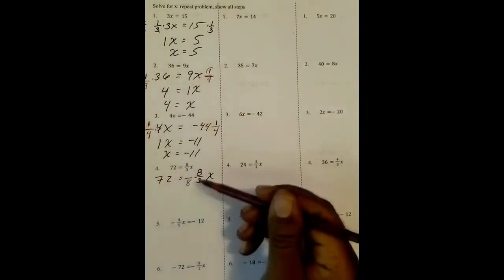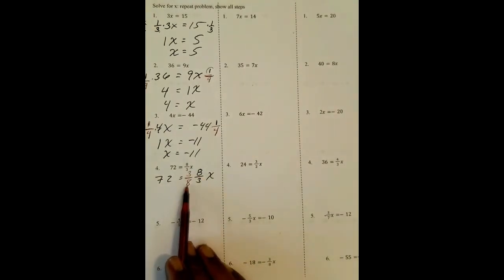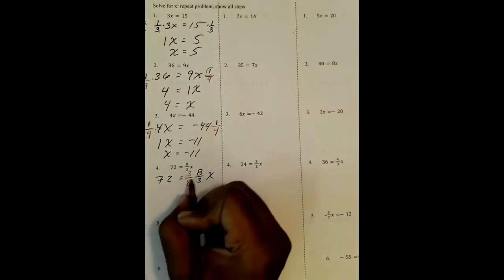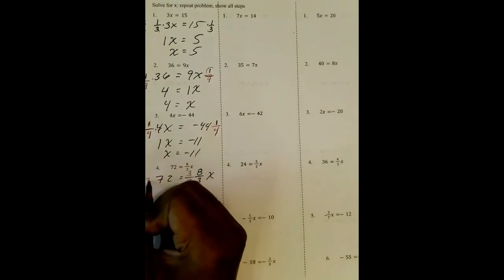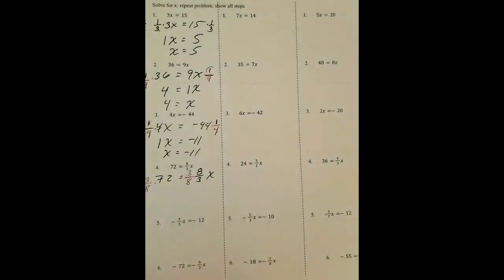To get rid of a multiplying 8, we need a dividing 8. But to get rid of dividing 3, we need a multiplying 3, so we put it on top. So 3 divided by 3 will be 1. 8 divided by 8 will be 1, so this will give us 1x. Now, whatever you do on one side, you do on the other. So we put another multiplying 3 and a dividing 8 on the other side.